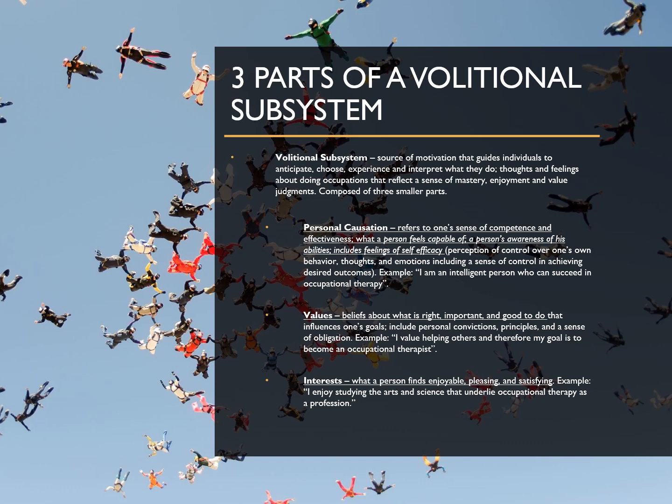So now let's look at these subsystems a little bit. When you're looking at that picture of the system itself, this is in the middle at the throughput. So we have the three parts there of a volitional subsystem. Volition being motivation.